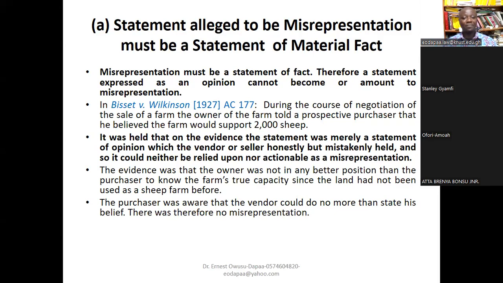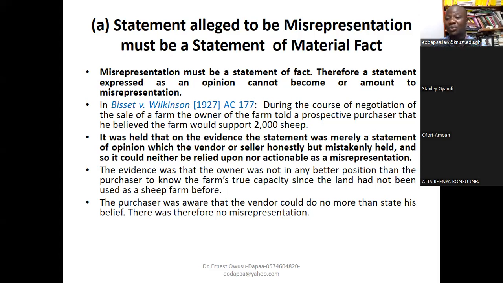And for that matter, he sought to sue for rescission of the contract. And the court held that having regard to the evidence which came before the court, the statement that the farm could support 2,000 sheep was merely a statement of opinion, which the seller of the farm honestly made, despite the fact that such a statement was mistaken in the sense that it was not true.